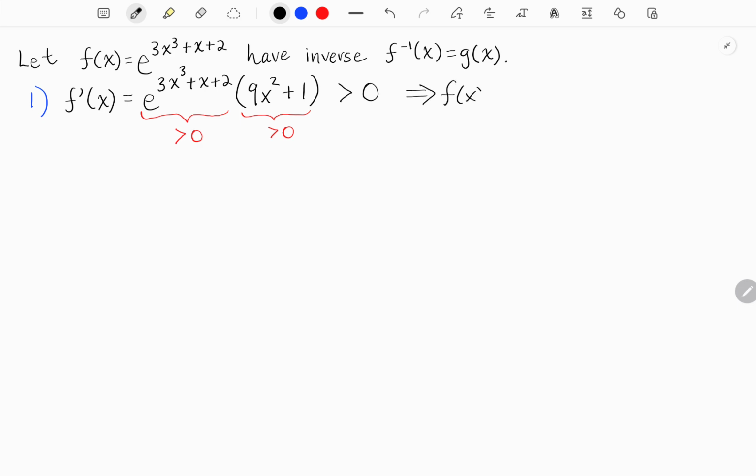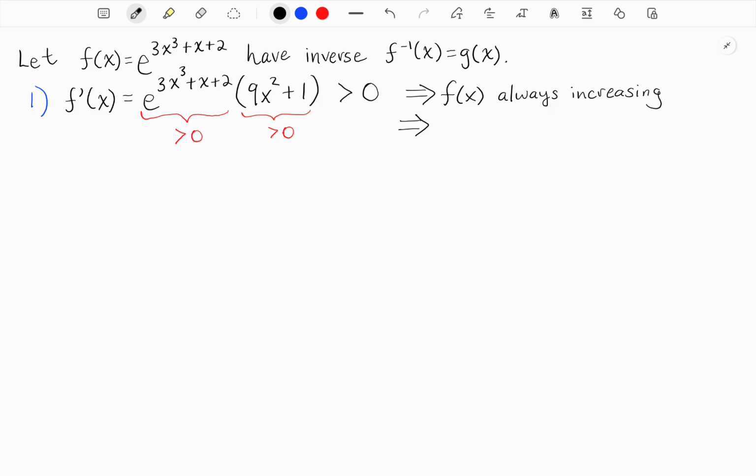So we see here that f of x is always increasing, which means that it passes the horizontal line test, because you're not going to get two different values with the same input.